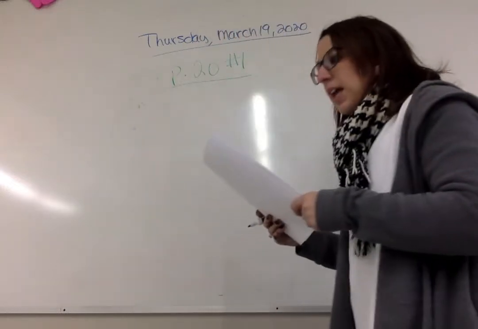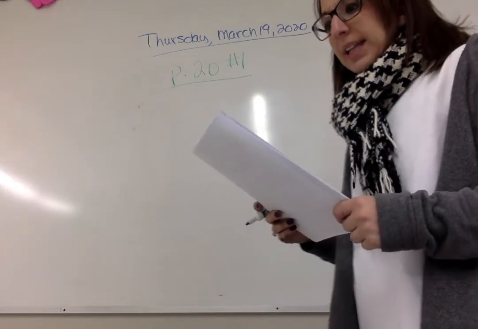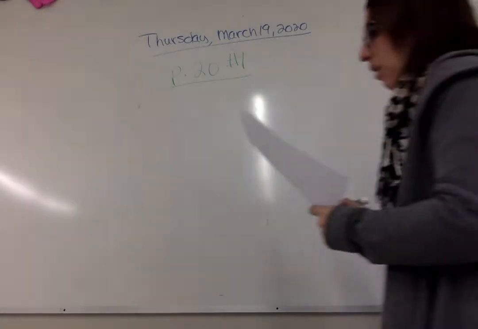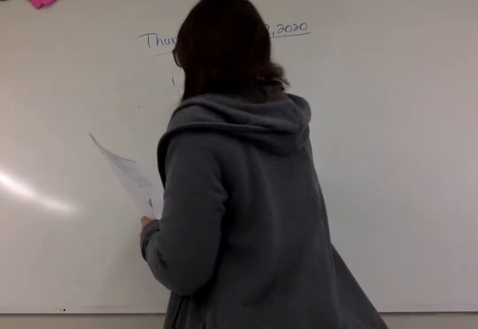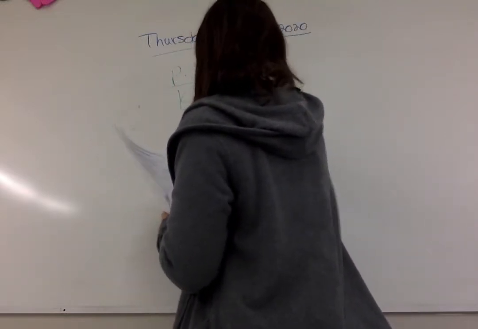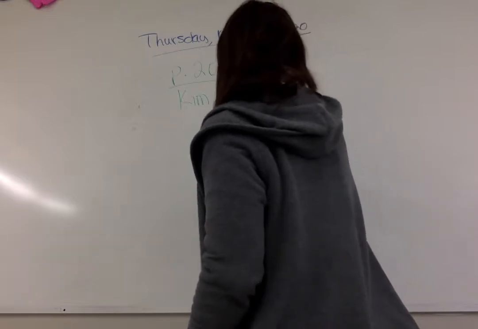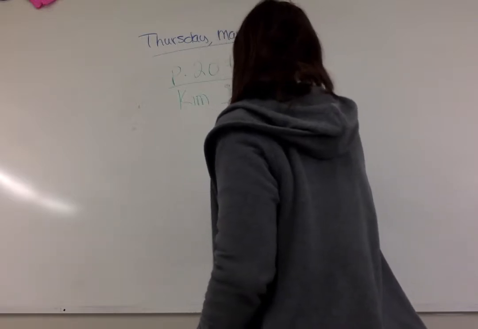It says, in 2010, Kim earned $17.50 for 2 hours. Determine the unit rate for how much money she makes per hour. So we're going to write, Kim makes $17.50 for 2 hours of work.